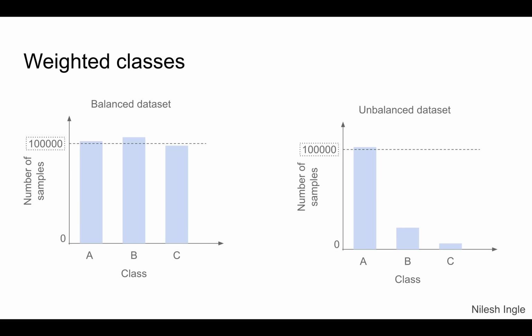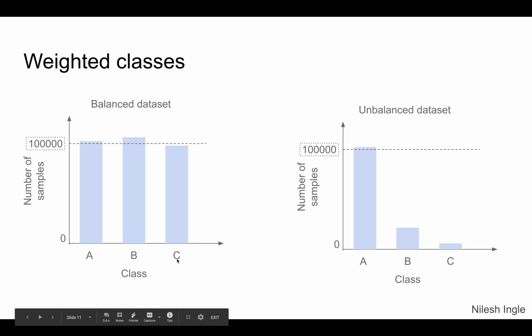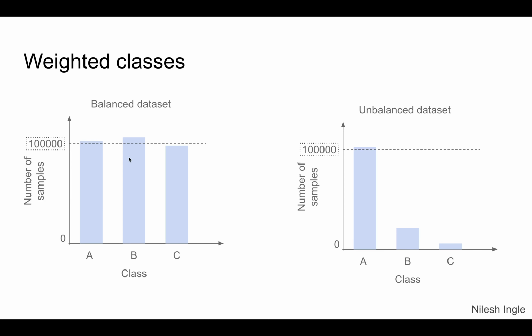Now, in weighted classes, let's say we have three classes A, B, and C, and each of them has a somewhat equal number of records, which is 100,000, and that is good. But in some cases, you may come across a data set where the number of records for each class is much different.